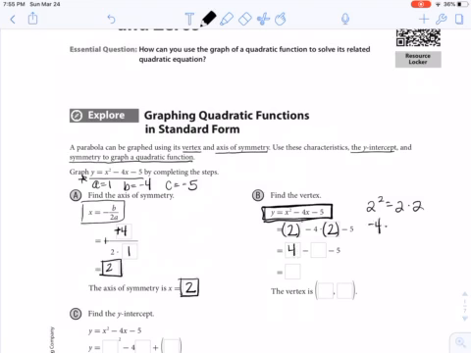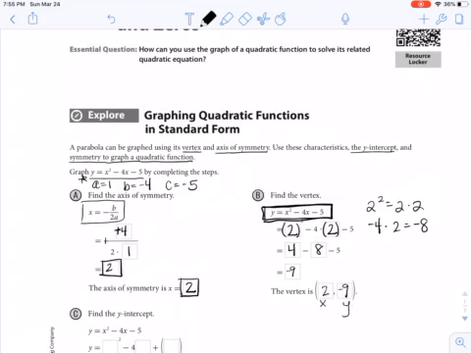A negative 4 times 2 gives us a negative 8. And then minus 5. And so we should get a negative 9. Okay? The vertex is 2, negative 9. Because remember, this is x, and this is what y equals.